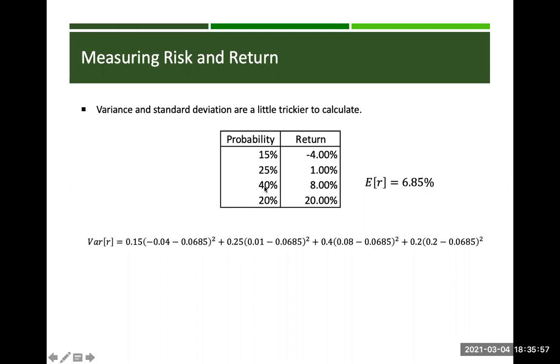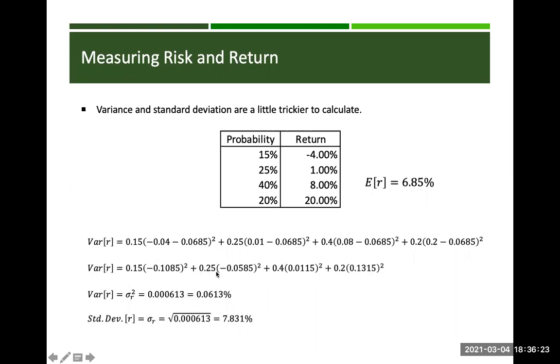We keep on going to each one. So 25% weight, return of +1%. How far is that from the expected return? Take the squared deviation and move on. 0.4, what's the deviation from the expected return? Take the squared deviation, move on. You sum them all up. You work through all of this.